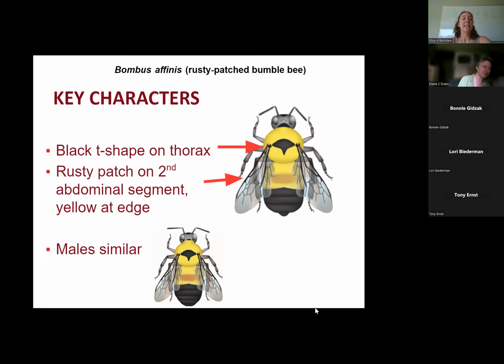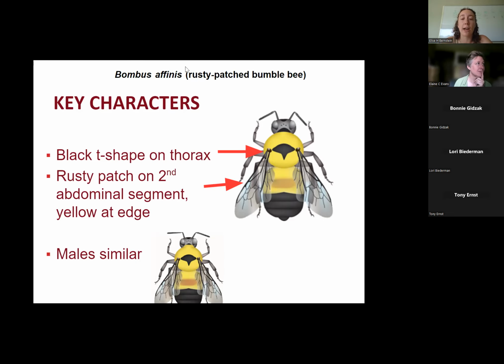Awesome. Thank you. So when we are taking a look for our rusty patch bumblebees, there's a few key characters that we want to be keeping a specific eye out for. So we'll start with the thorax. On the back of the thorax, right between the wing bases, the rusty patch has sort of an umbrella shape or a thumbtack shape.